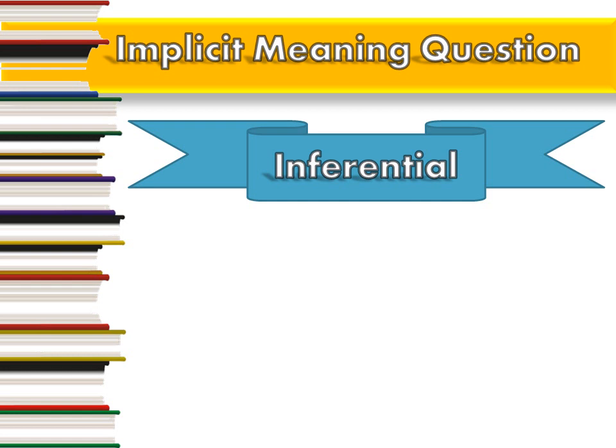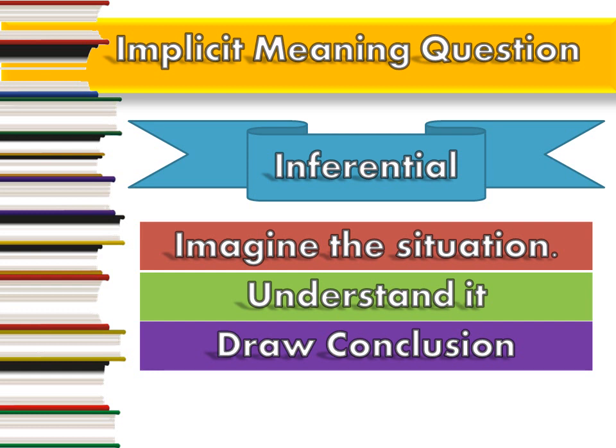The answers of implicit meaning questions are not clearly mentioned in the passage. So to find out their answers, you have to follow some steps. The first type of question is inferential question. The reader is expected to think about the ideas given in the passage and then draw the conclusion.